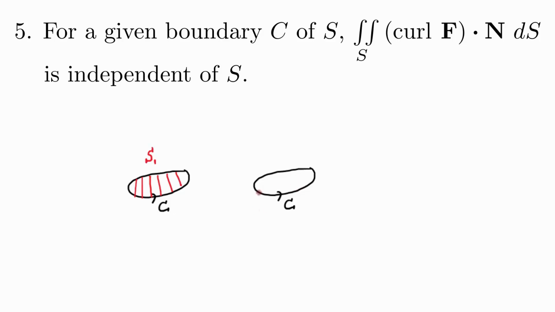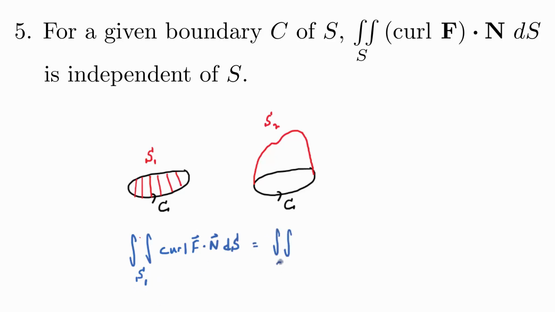So let's say we let S be this flat surface here. So let's call this surface in red S1. And then let's say S1 gets warped into S2, some hill. What we're really saying then, as long as that's the same C, is that the surface integral over S1 of the curl of F dot n dS, that's S1 right there, is equal to the similar integral but over S2, curl of F dot n dS.